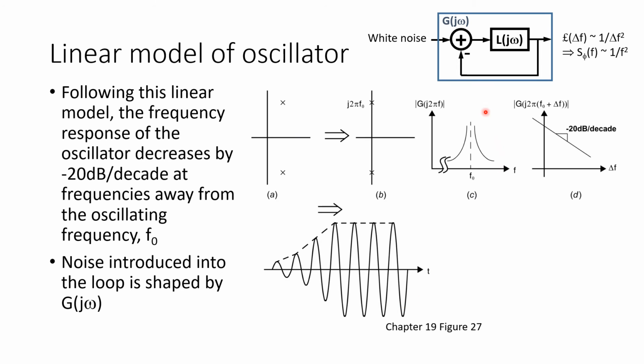Now, with a frequency response like this, we expect that any white noise that may be introduced into the loop, for example, due to thermal noise of any transistors or resistors connected in it, gets shaped by this frequency response G. Rather than plotting G, we can also normalize that frequency response and plot it as a function of delta F, where delta F, as in the definition of phase noise, is a frequency deviation away from the nominal oscillator frequency, F0.